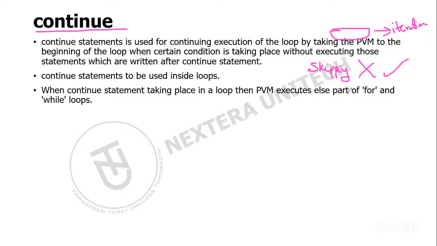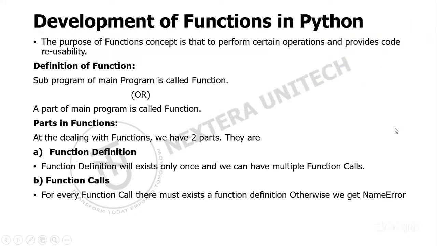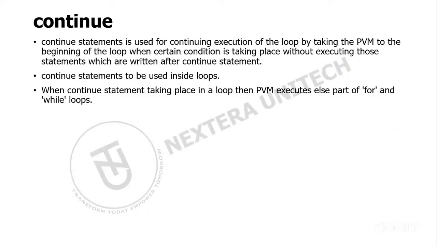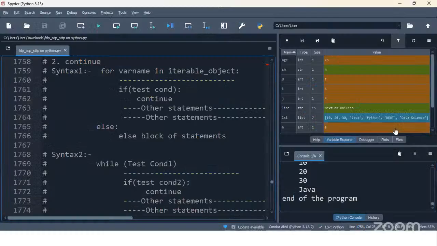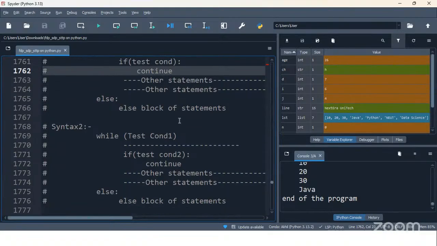statements. Okay, so here we have the syntax for continue also. Let us walk through the syntax. If you observe here, similar to break, instead of break, you can use the continue keyword. Continue is also a keyword, guys.